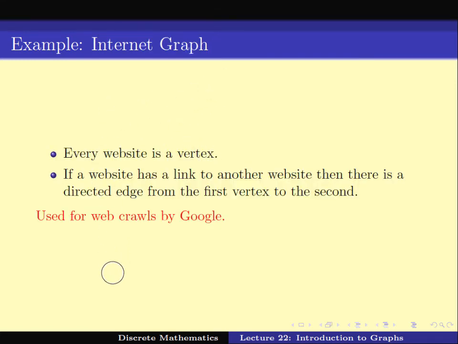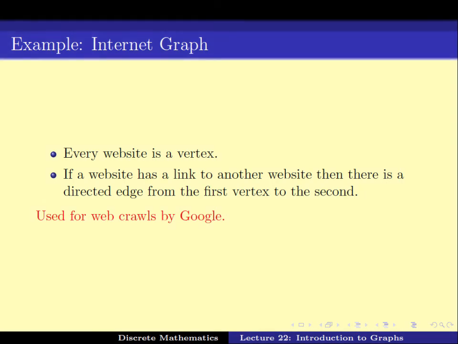Another example is the internet graph. This is used a lot by Google to crawl, where every website is a vertex, and if a website has a link to another website, then there is a directed edge from the first vertex to the second vertex. This of course gives us a directed graph, and it is used for web crawls by Google.